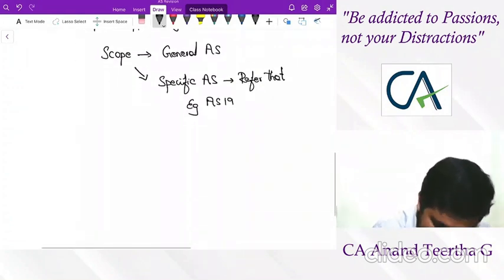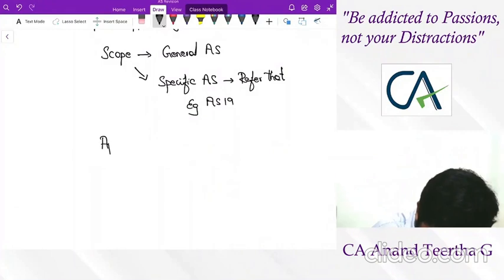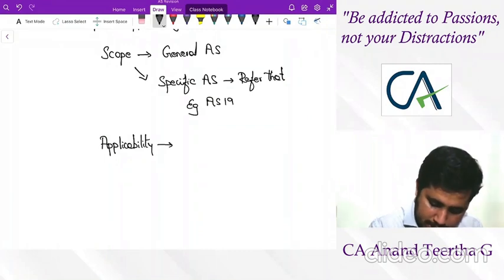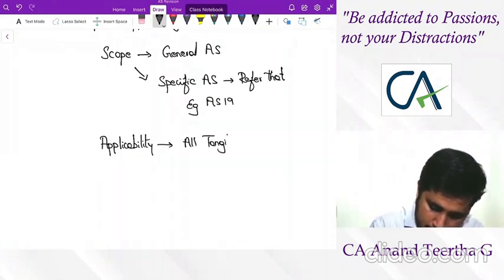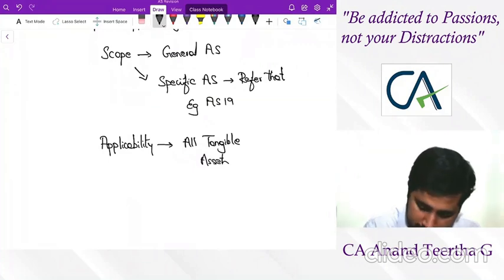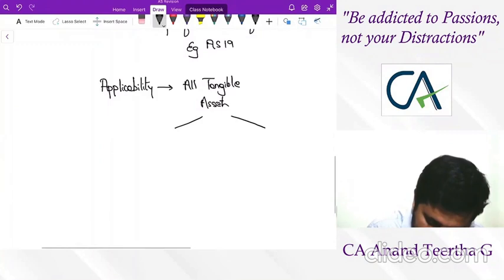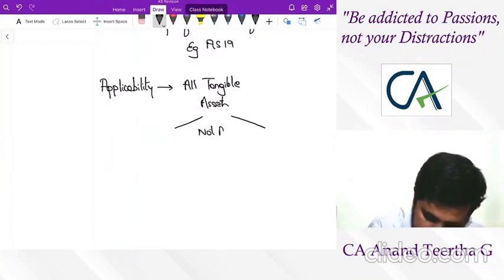Then the applicability point of view. Is it applicable to everything? Now we say that applicability wise, it is applicable to all tangible assets, but it is not applicable for two things. So for what all is it not applicable?